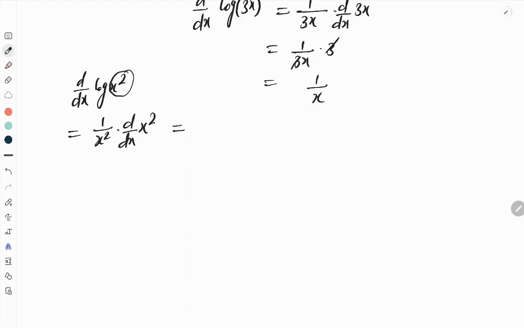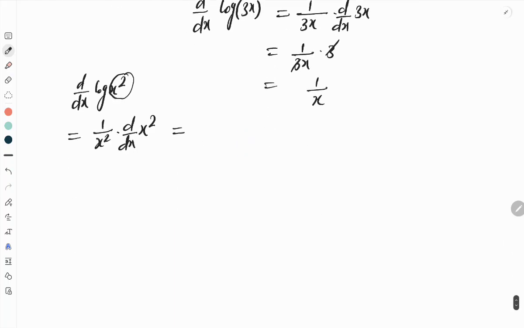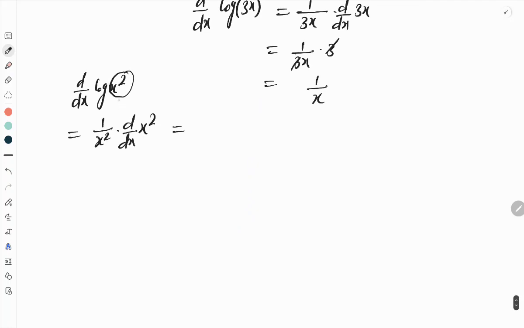First treat like standard formulas, after that if it is not exactly x, then again multiply by the derivative of that one. So it is 1 upon x square, derivative of x square is 2x, the x power cancels, and 2 upon x is the answer.